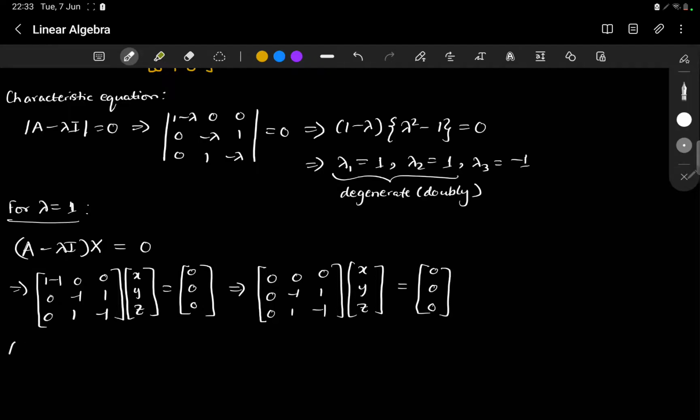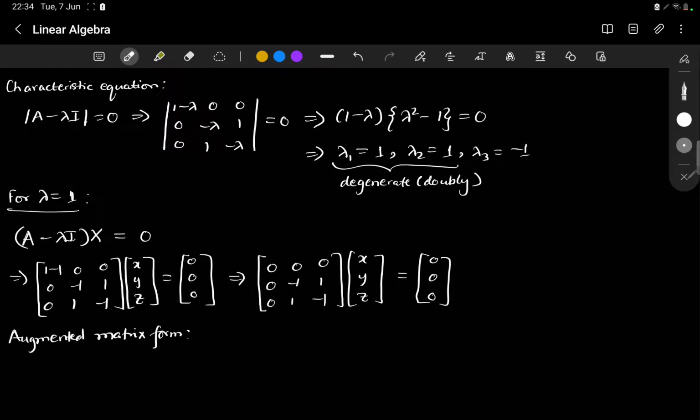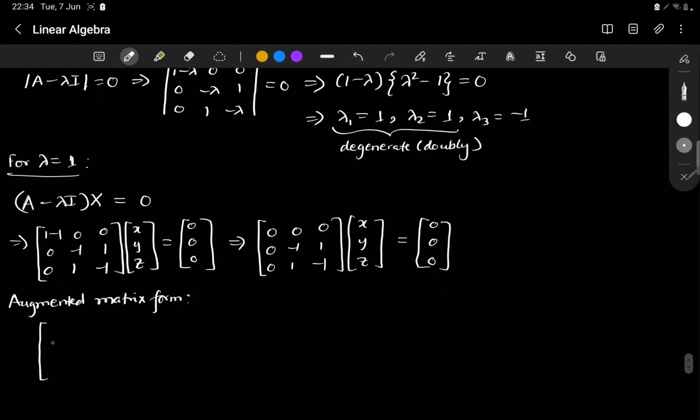So the augmented matrix form of this system of equations would be as follows. Now we will use row operations and do row reduction to get the reduced row echelon form. So the first operation would be as follows.